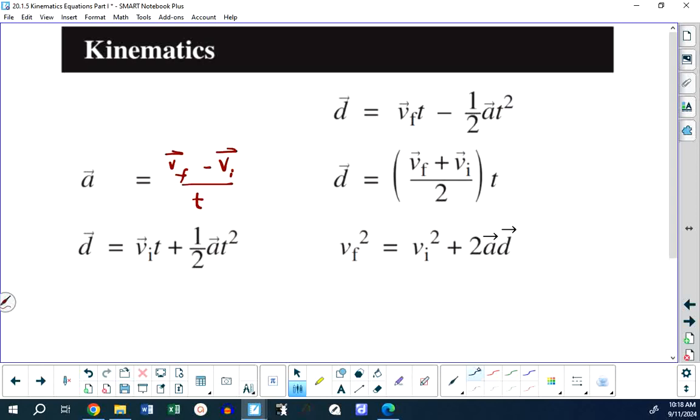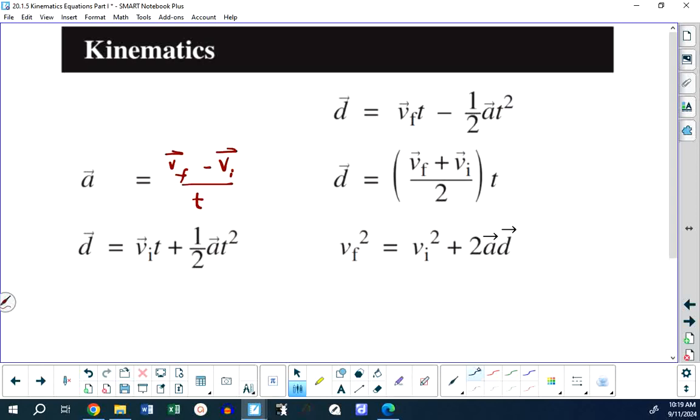In every problem, there are going to be 3 quantities out of Vi, Vf, A, D, and T that you know, and 1 that you were asked to find, and a 5th that you don't care about. And it's that identification of the one you don't care about that leads you to the equation to use.